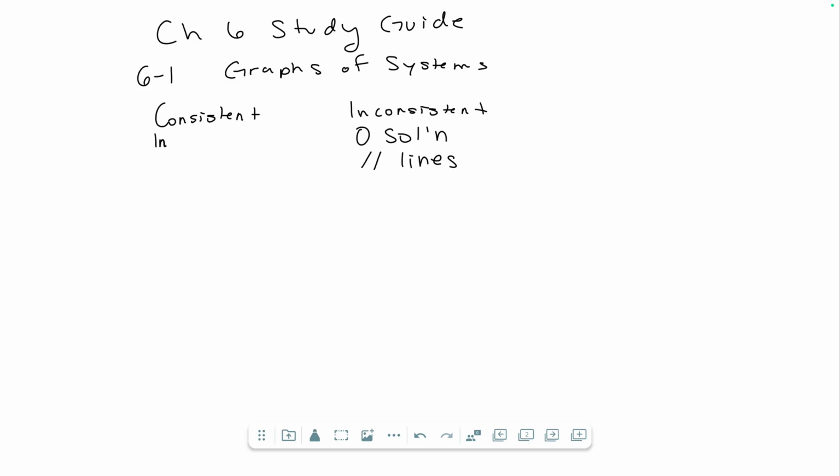First is the independent system. This is where there is 1 solution because the lines are independent from one another. They're separate. The other one is a dependent system. This is where there are infinite solutions. Okay? Infinite solutions.